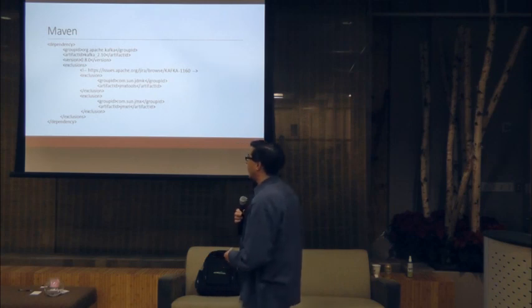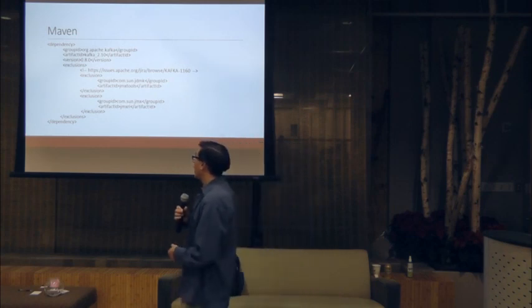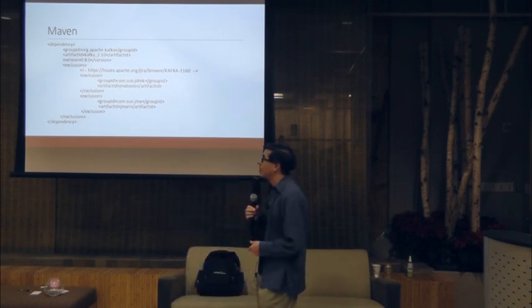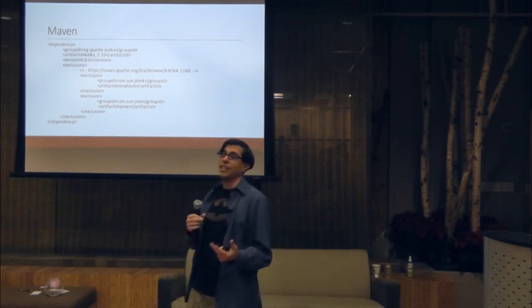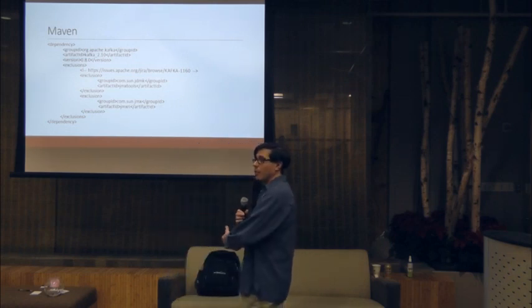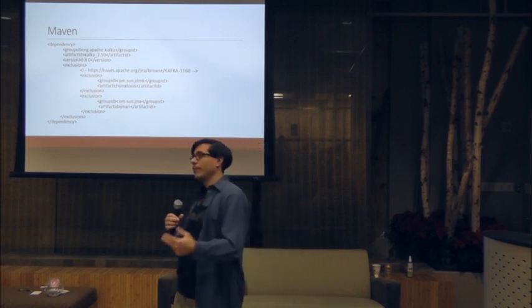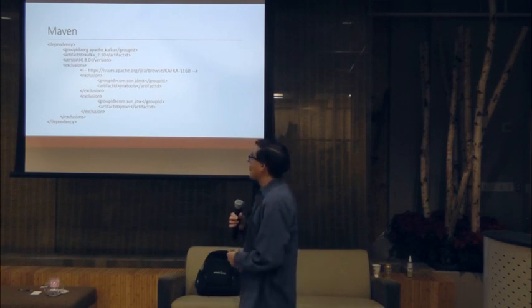So here's your POM file to get going. I also recommend using the Kafka 2.10, Scala 2.10 version for your dependencies. If you're not using any Scala version, then go with this one. It's the latest. If you're still on an older version of Scala, okay, good for you. It's all good. We'll talk about that some other time.